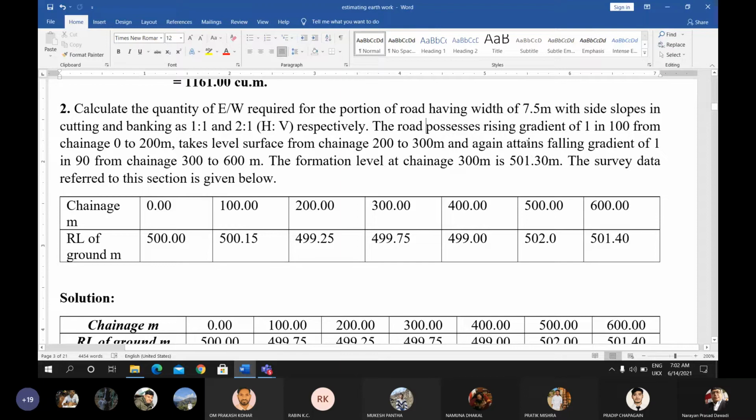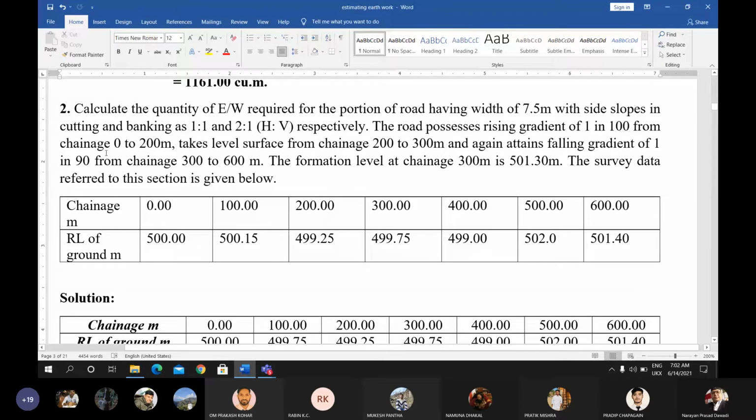The road possesses a rising gradient of 1 in 100 from chainage 0 to 200 meter. From chainage 0 to 200 meter, the road is in rising gradient. That is, the formation level of chainage 200 meter is higher than chainage 0 meter.